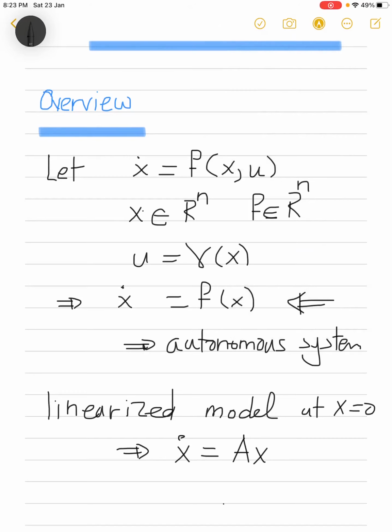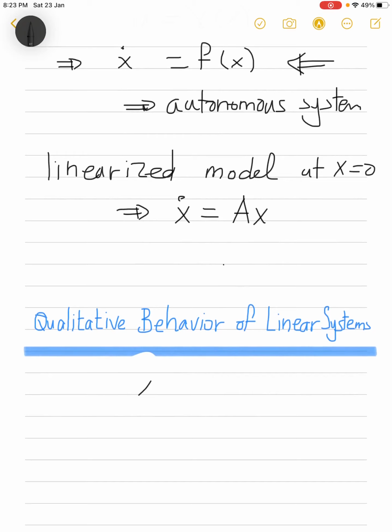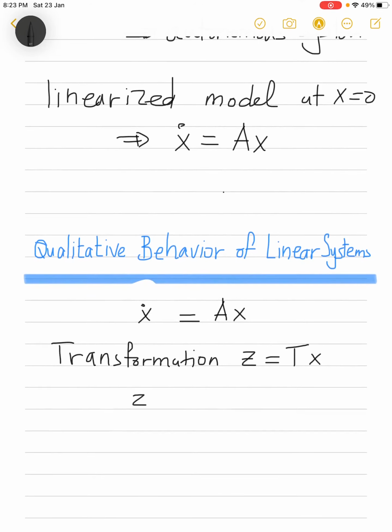So if we consider the second order linear system in the form x dot equals Ax, we could find a linear transformation, z equals a transformation matrix T times x, so that we put the linear system in the real Jordan form. So that would be z dot equals the real Jordan matrix J_R times z.